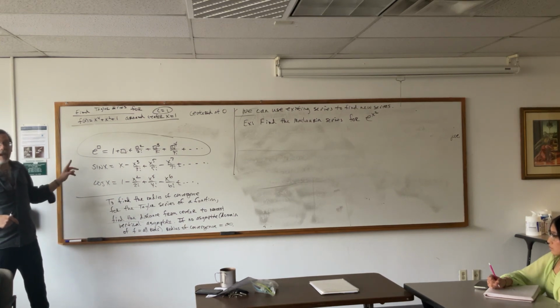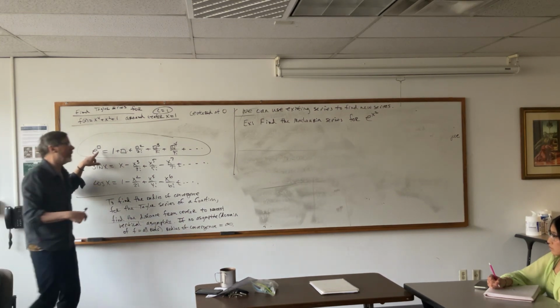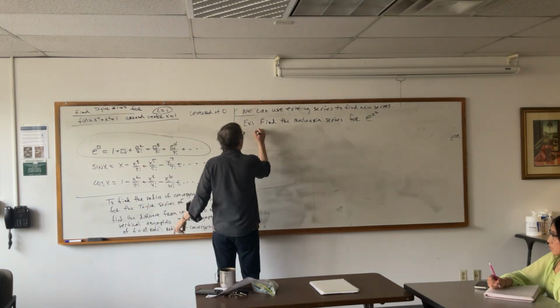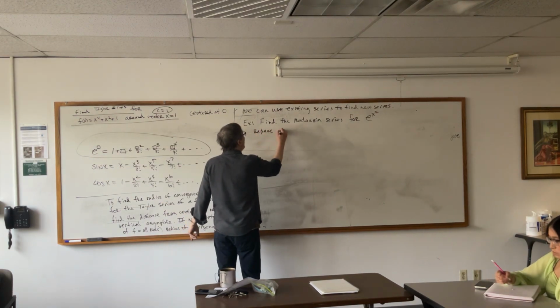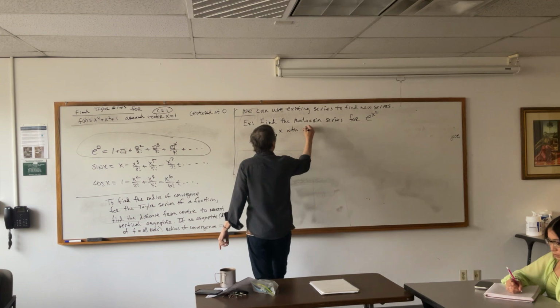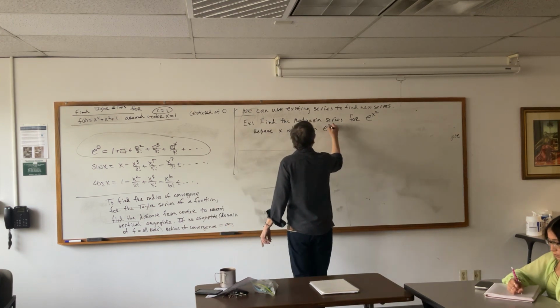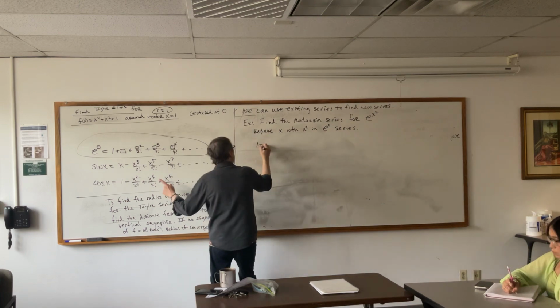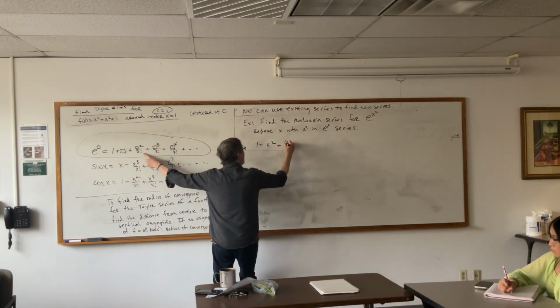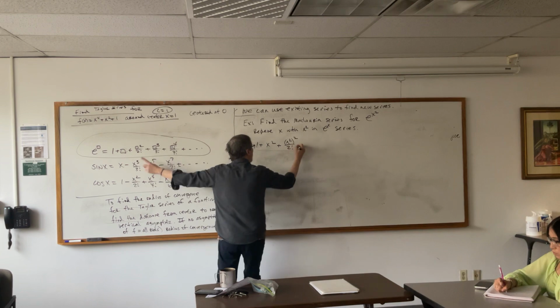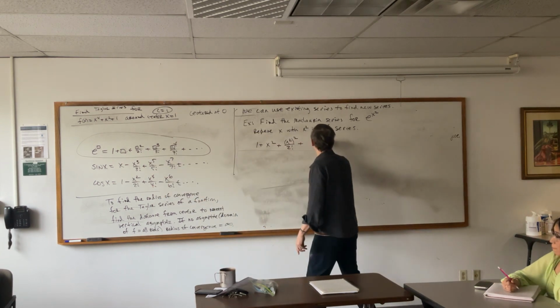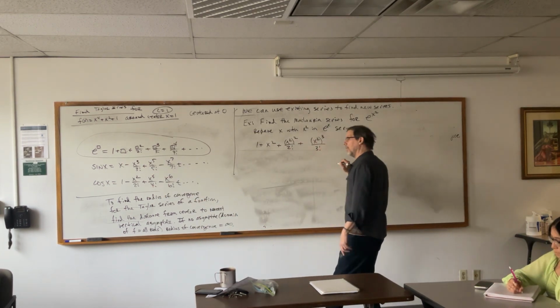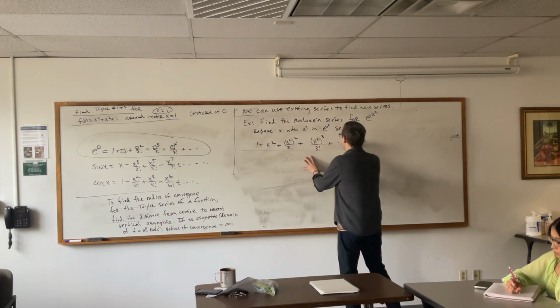So if I want e to the x squared, I take the e to the x series and replace x with x squared. So replace x with x squared in the e to the x series. And I'm going to get 1 plus x squared, plus x squared squared over 2 factorial, plus x squared cubed over 3 factorial, on down the way.